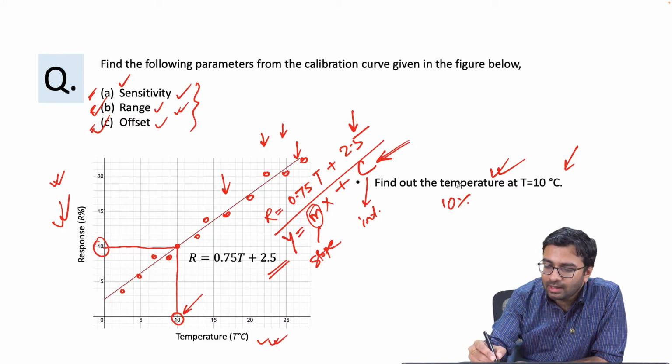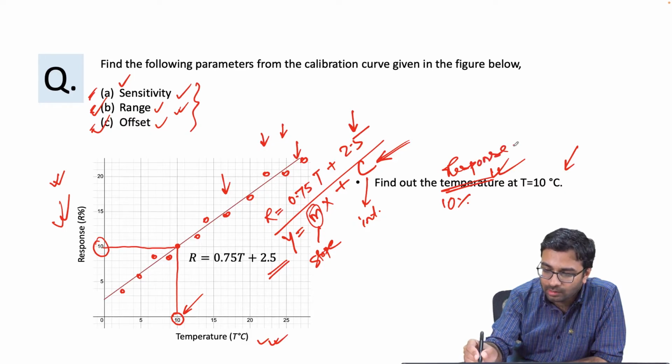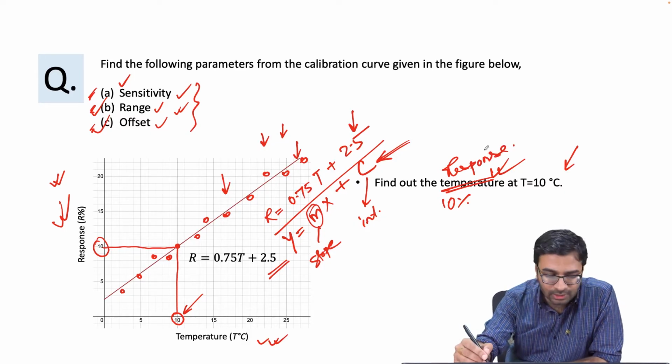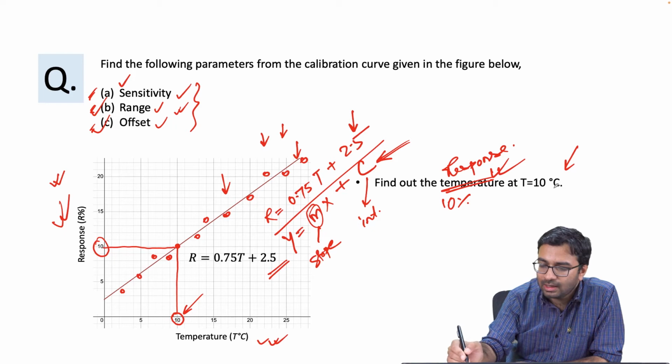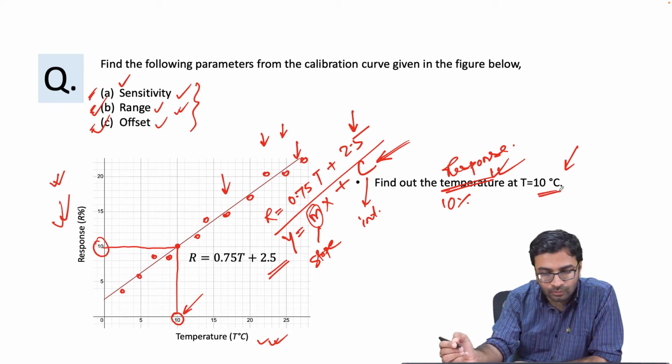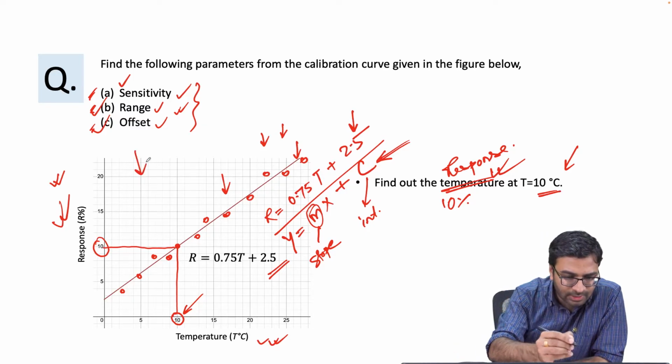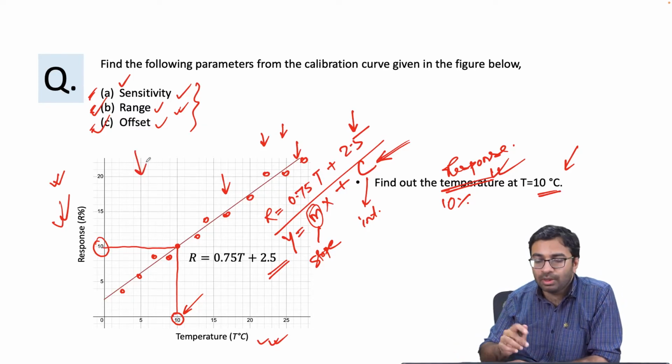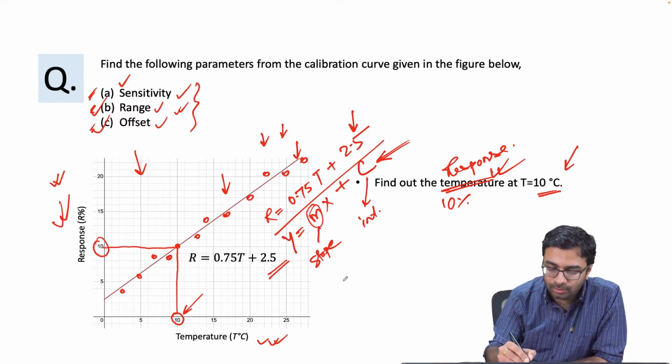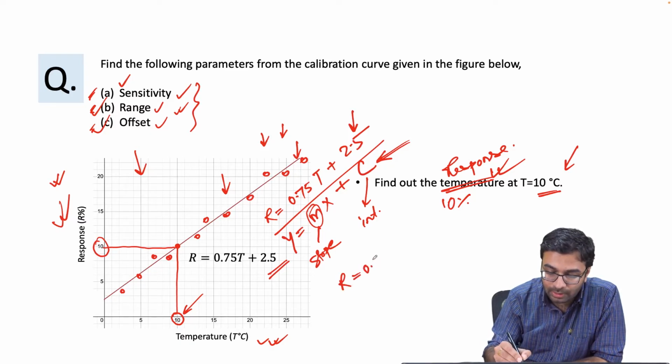So it's like find the response, not temperature. Find the response at T equal to 10 degrees centigrade. Even if you don't have this calibration curve, you can figure out the response from the equation also, because you know R is equal to 0.75 T plus 2.5.